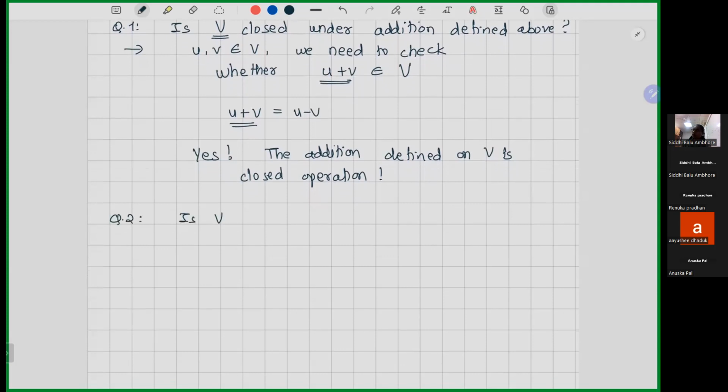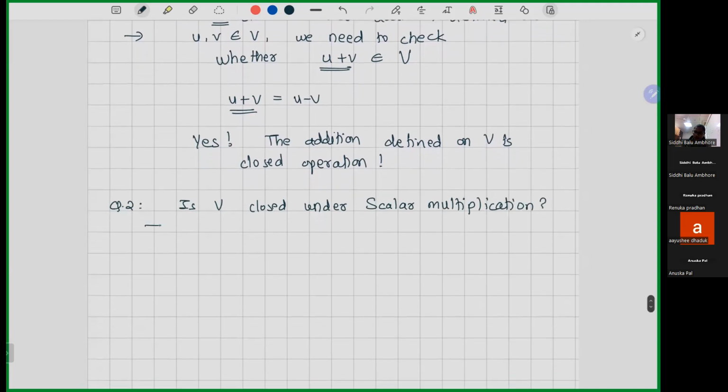Is V closed under scalar multiplication, I mean the scalar multiplication which we have defined above? So what does this mean? What we need to check is that if a is in R, I mean our scalars are coming from the real numbers, and if u is an element of set V, then whether a dot u belongs to V or not.